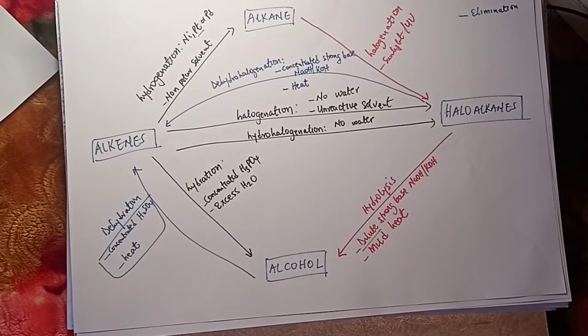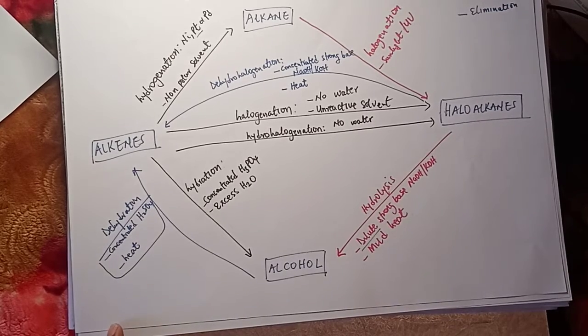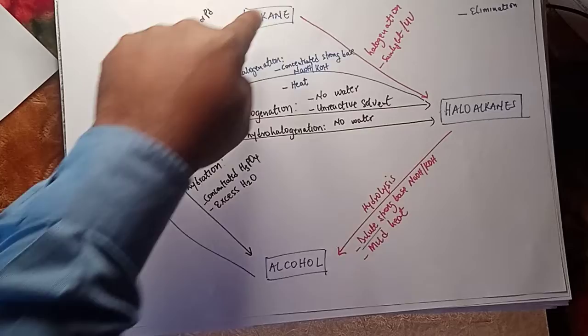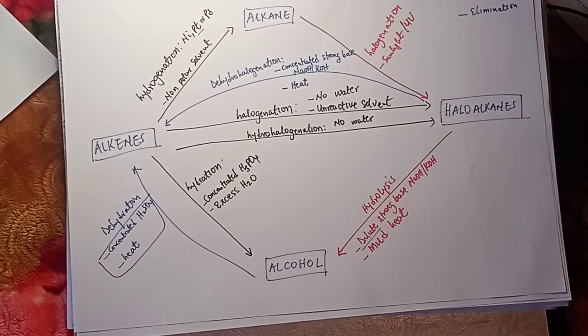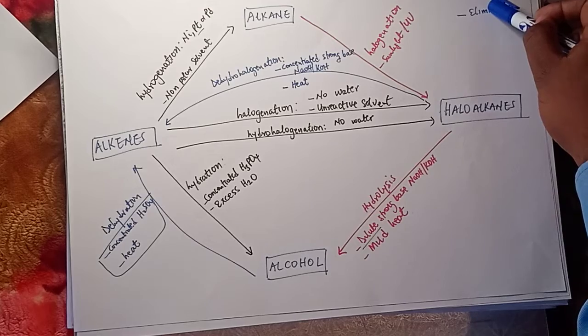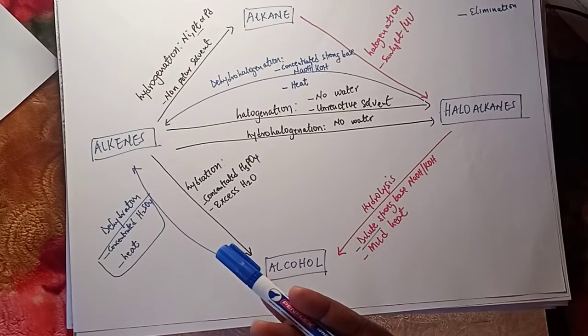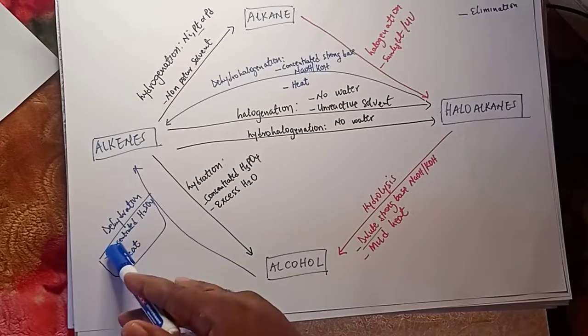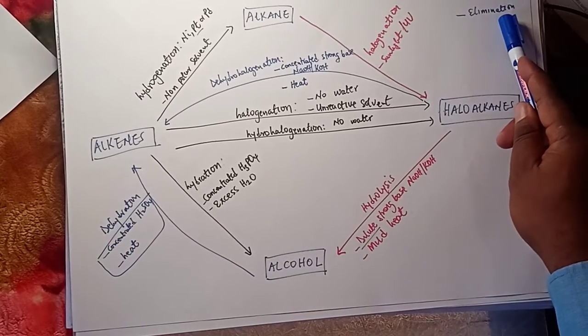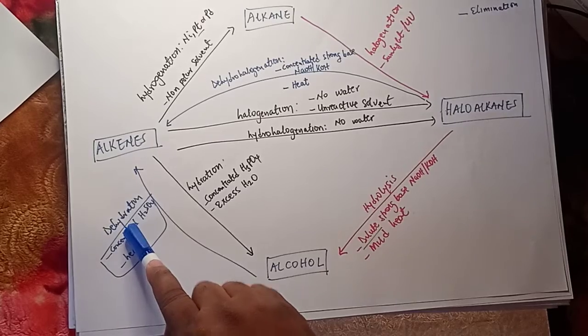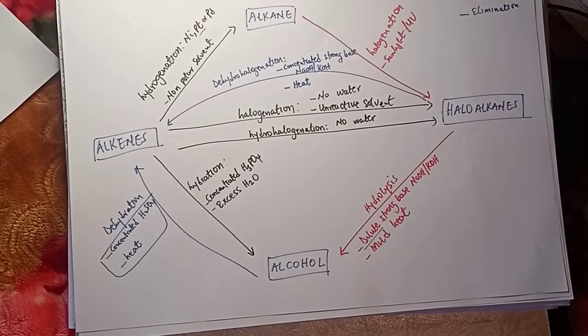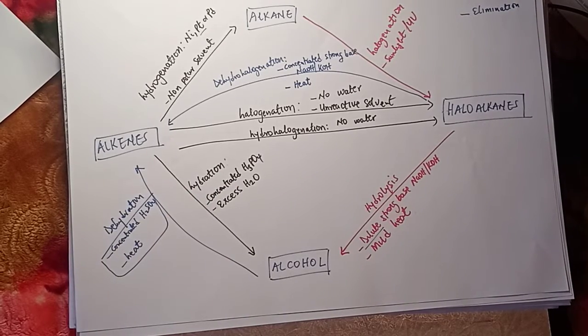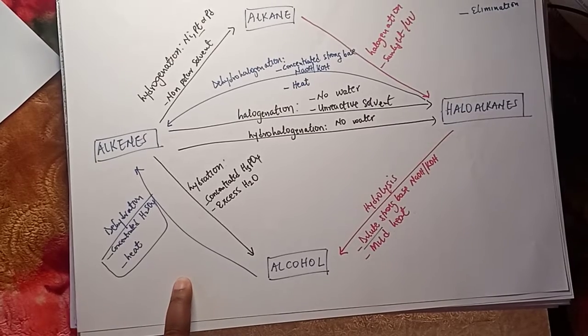In subsequent videos, I'll be picking each of these reactions and explaining them very well, because if you look at the examination guideline, we're expected to know the major product, the minor product, the type of reaction, and also the name of the reaction. So you can see here, hydration is an example of an addition reaction. We're going to pick them one after the other and use them to summarize this topic, so that there is no confusion and you will not get this kind of question wrong anymore.